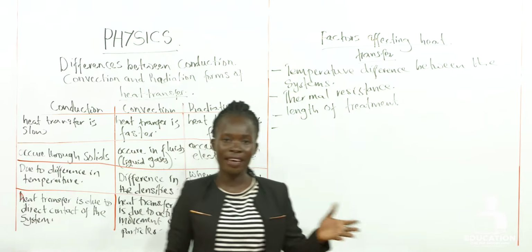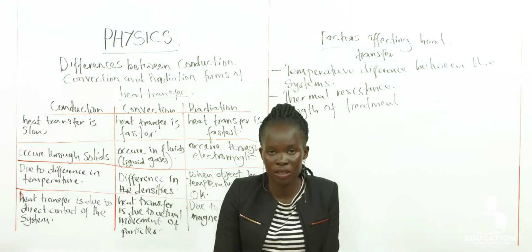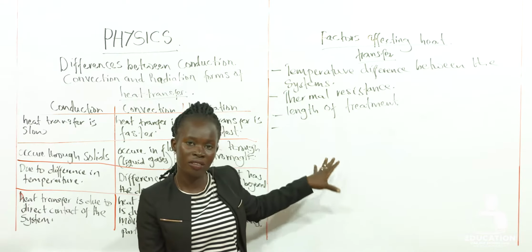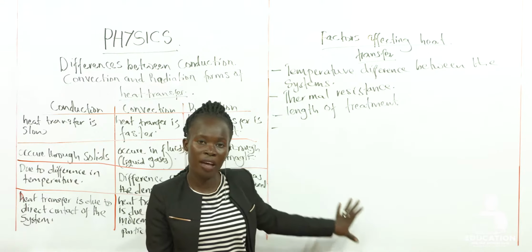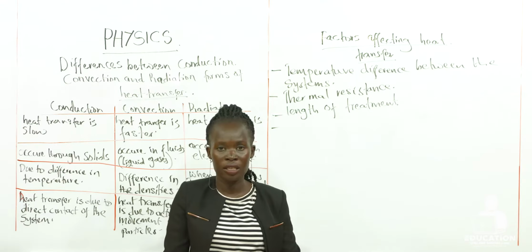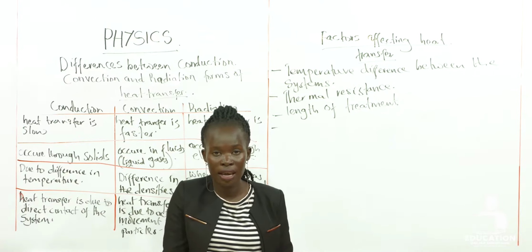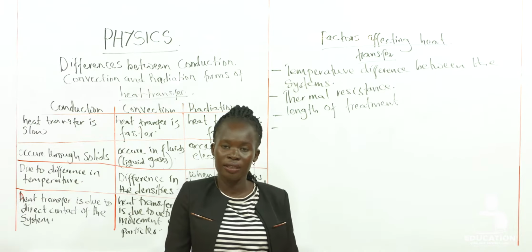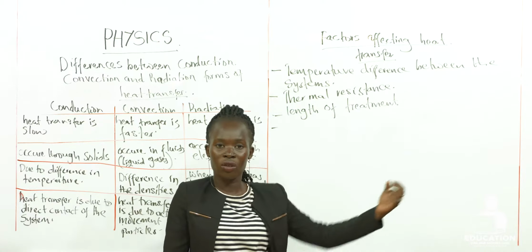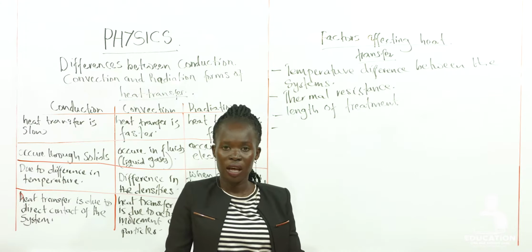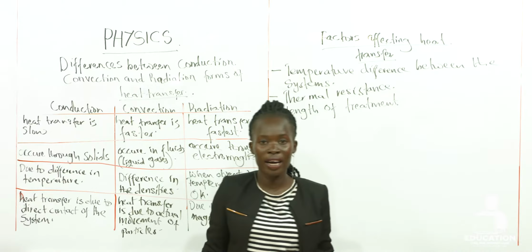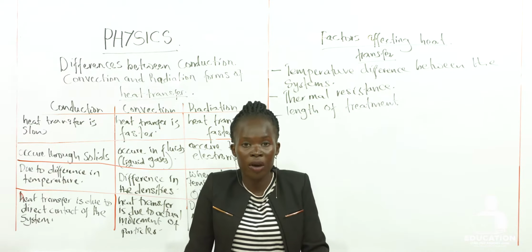So we have so many of these factors. We have others like the specific heat capacity. How large is the capacity of the object to absorb the heat? Because when it absorbs it, it is going to store it as energy before releasing it out. We also have the conductivity. Is the material you're using a good conductor of heat, or a very poor conductor of heat?